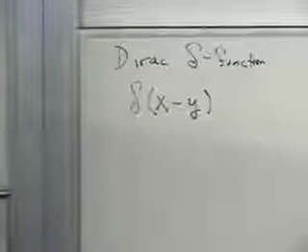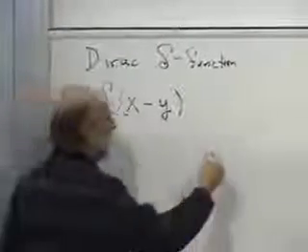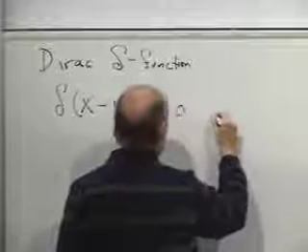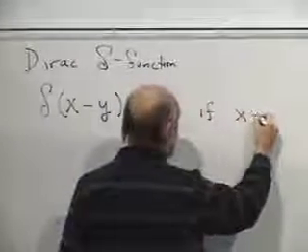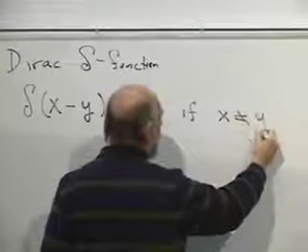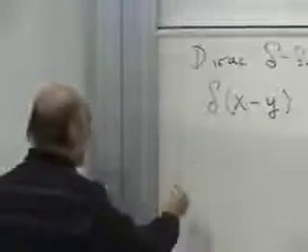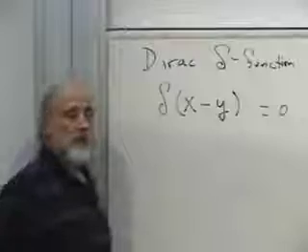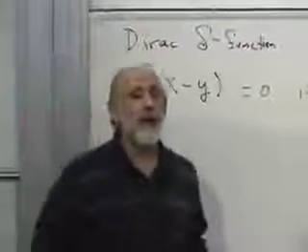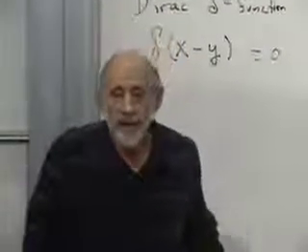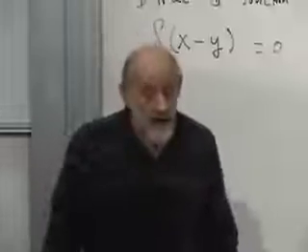And it's defined so that it's 0 if x is not equal to y, just like the Kronecker delta. And what is it when x is equal to y? The answer I'm not going to give, because the answer is undefined.